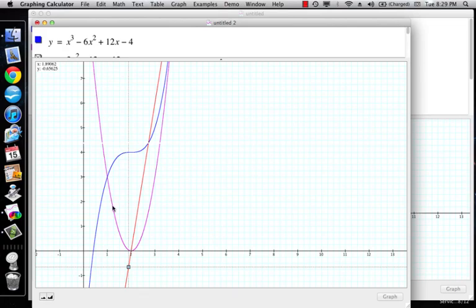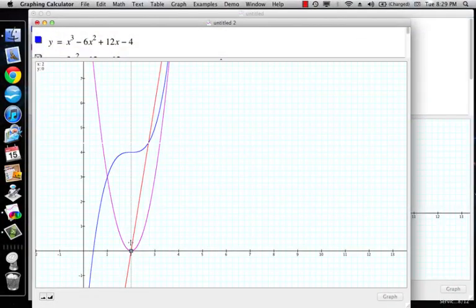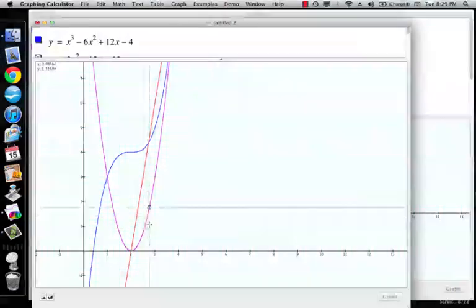Where the pink line is positive, it's going up. So the pink line says that in this region, my blue line is going up. Then right there, it stops going up. But then the pink line says that over here the slope is still positive, so it goes up again.